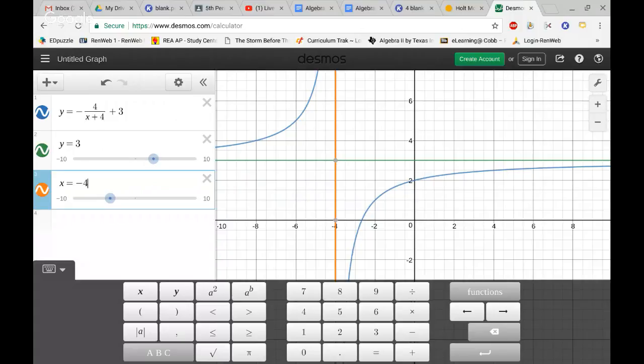Okay. Probably not the easiest thing to graph, but it's okay. But like I say, when I'm looking at these, I'm going to be looking: does this person know about the horizontal and vertical asymptotes?